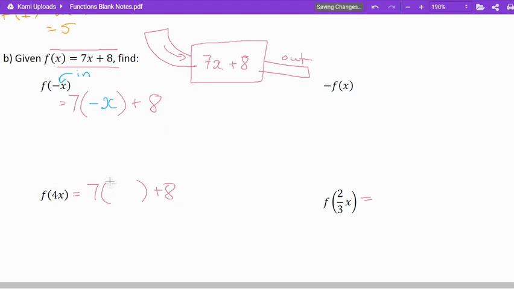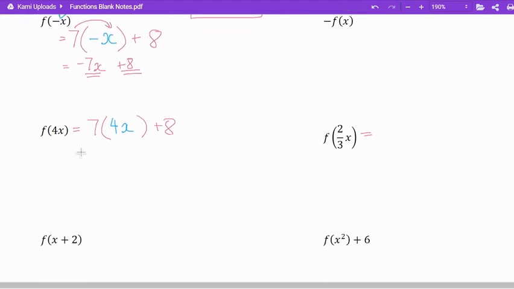In this case, in the brackets, we have a 4x. And so now we just follow the steps. 7 times negative x, well, that's negative 7x plus 8. Again, you cannot combine a term with a variable and a constant because they are not like terms. So this is as simplified as it gets.